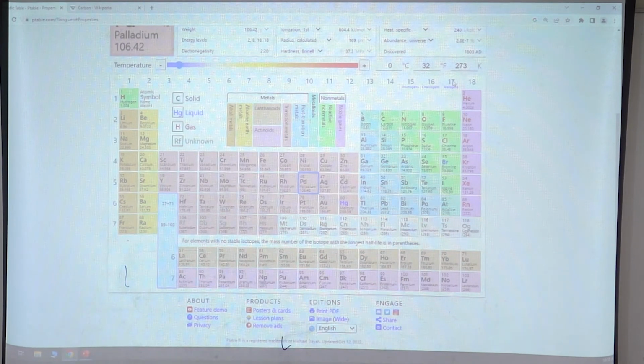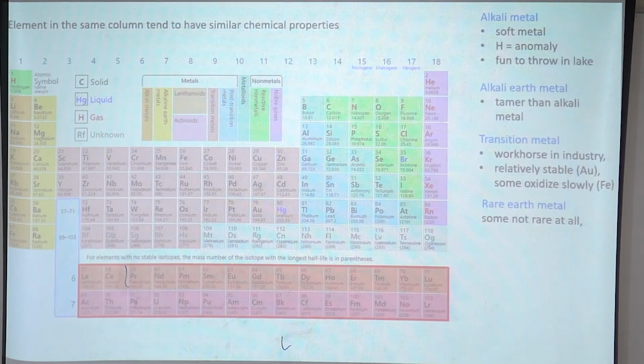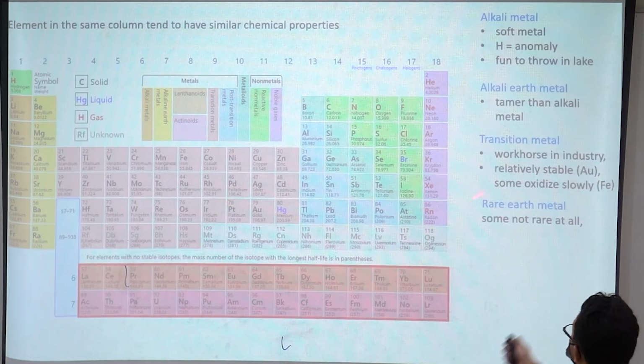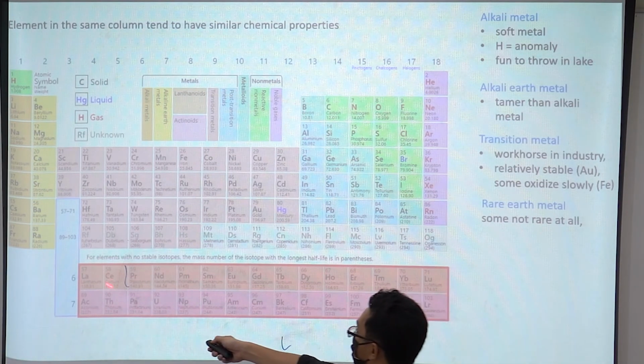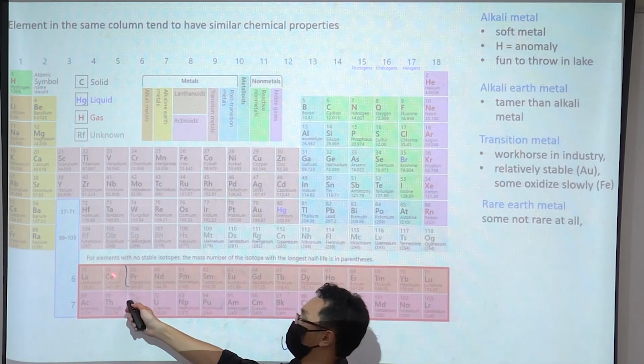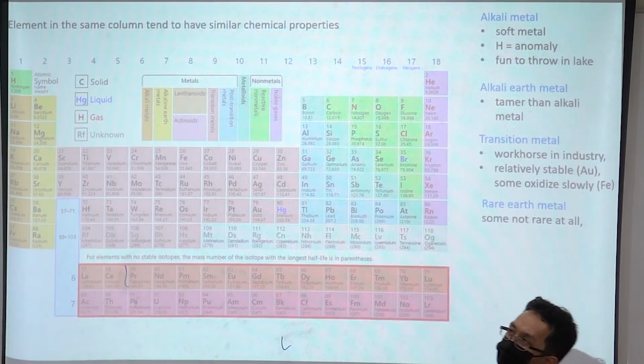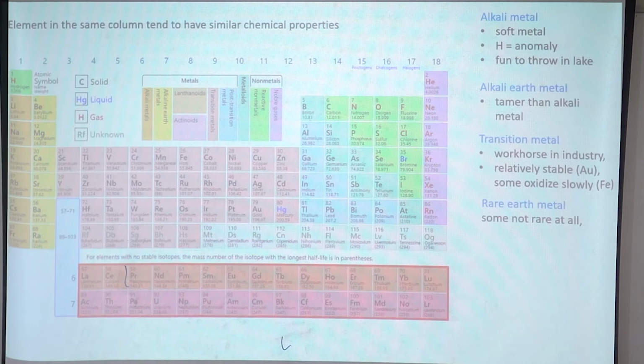If you look at the bottom here, this is what we call the rare earth metal. But it's not really rare at all. Some of it is really abundant. For example, cerium, Ce, is basically the 26th most abundant material on Earth.